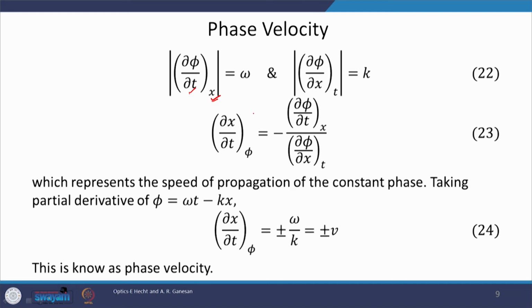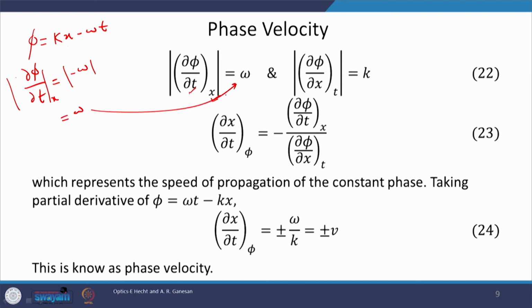Then since phi is equal to kx minus omega t, del phi by del t would be equal to minus omega, because we are keeping x constant, and if you take the mod of this, then you will get omega. This is what is being represented here.